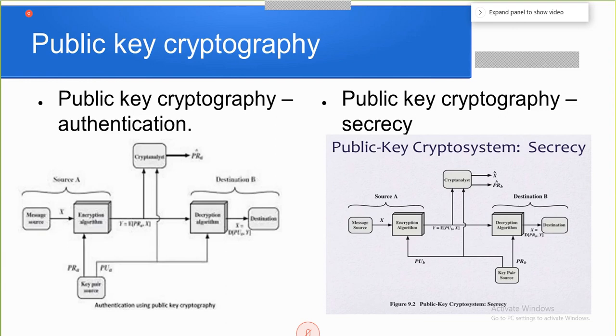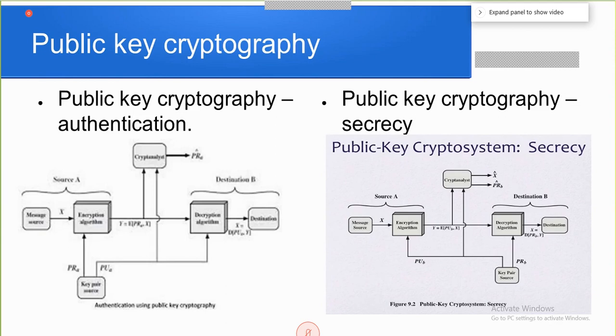Authentication means the receiver has to ensure that the message came from that authenticated person only, that is, who he claims to be. Suppose Bob is sending a message to Alice. While receiving the message at Alice's side, she should know this is from Bob only. How can she ensure it?